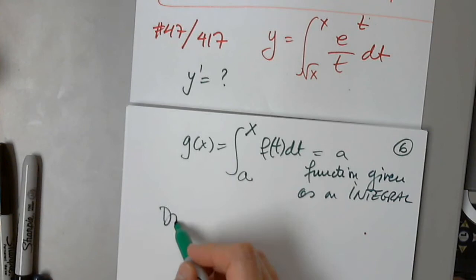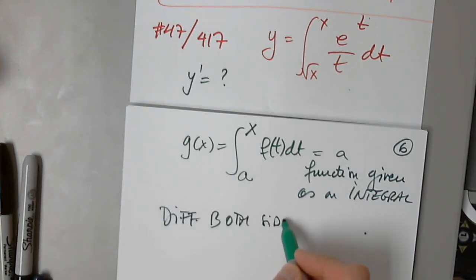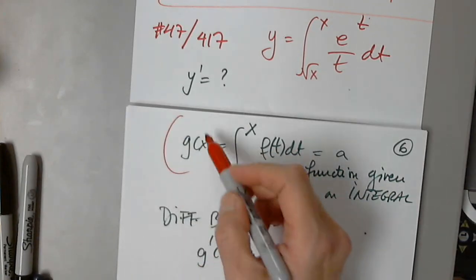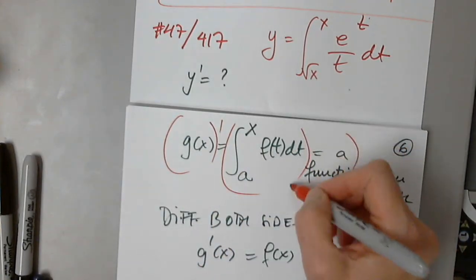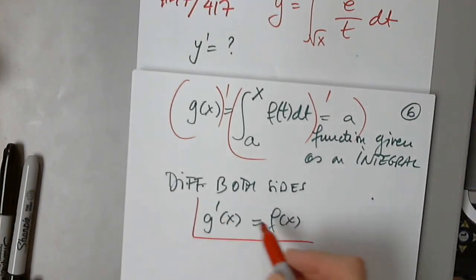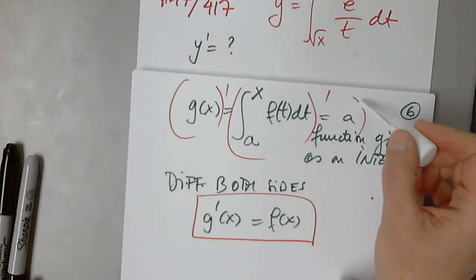So now differentiate both sides. Here's what happens. When we differentiate the left-hand side and the right-hand side, that is the result. This is what we learned from Fundamental Theorem of Calculus Part 1.